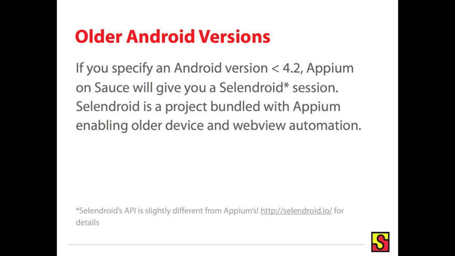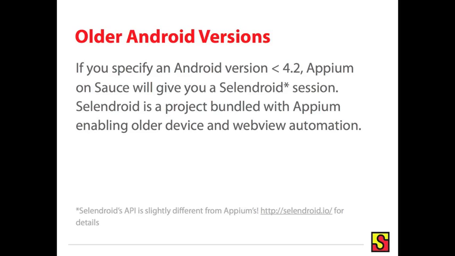Unfortunately, UI Automator is not available on devices earlier than 4.2. So to automate those devices, for example 2.3, we use something called Selendroid. And Selendroid is a project that comes bundled with Appium that enables this older device automation.